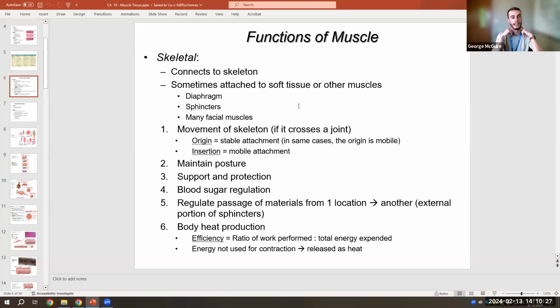However, we could also keep our head stable and then contraction of those traps can pull our shoulders up, right? So this does not apply to every single case, but in most of them, the origin is stable and the insertion is mobile. So when this muscle contracts, it'll be pulling whatever bone it is inserted into towards the point of origin.